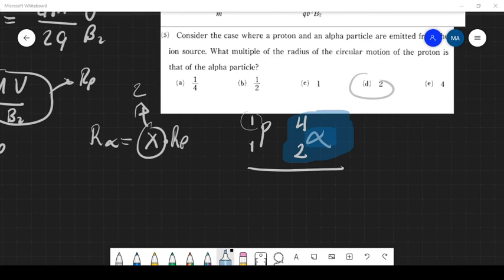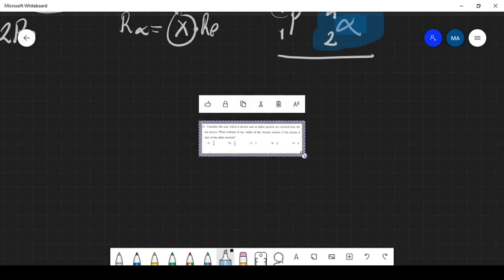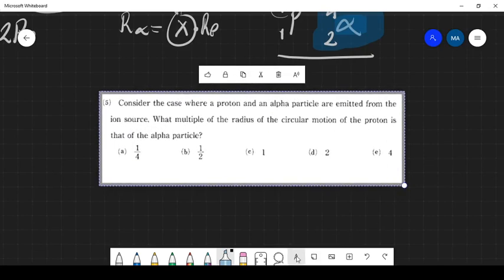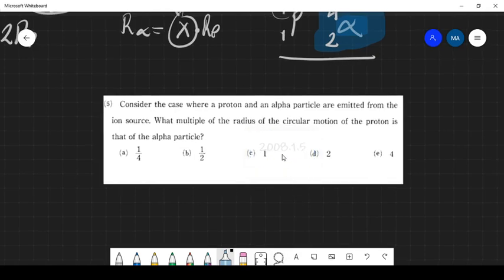This is a question from 2008, question 1.5, physics.